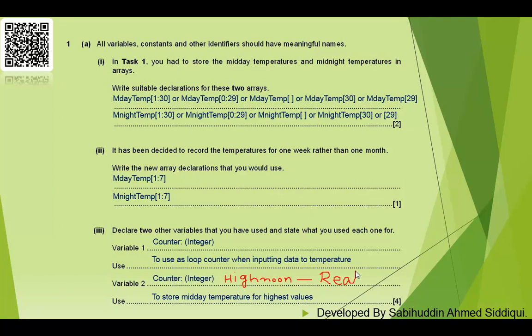The data type must be real. Real means to store the fraction value, let's suppose 32.5, 36.7 and something like that. So you can use this as well.